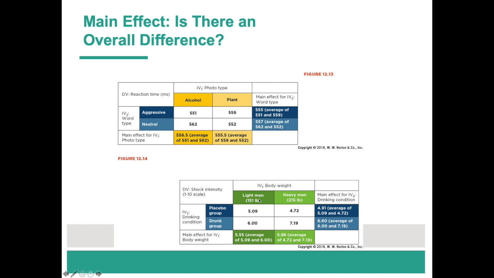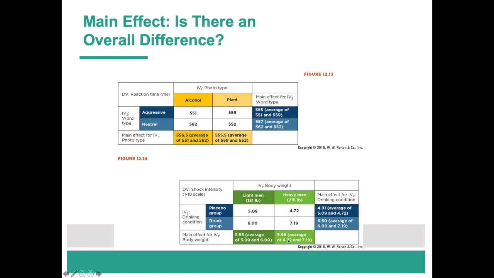Consider another example where we have light men and heavy men, that's one variable, and placebo and drunk. So we can look at the main effect of placebo and drunk by taking the mean of here and here together. That's 4.91. And then the mean of 6 and 7.19 is 6.6. So the difference between these is fairly large.